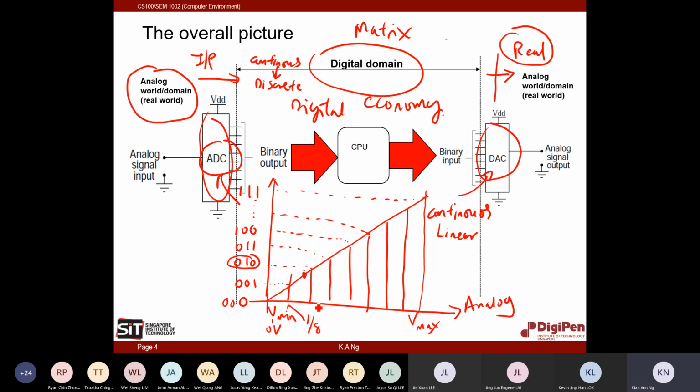So this will be 2/8, and so on, 3/8. This is how the A to D converter will discretize the signal. A signal that is beyond the halfway point will round up to the next highest digital level. It's like rounding up and down.